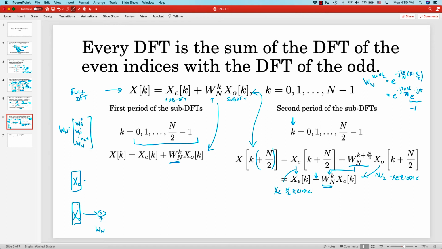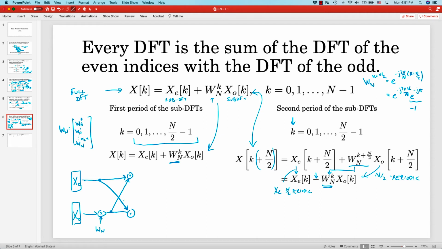Okay, so then we're doing element-wise multiplication in this multiply block, and then we're going to do a subtraction here and an addition here. So here is where the butterfly diagram gets its name, because the wings of the butterfly cross over here. So this is a pickoff, this is a pickoff.